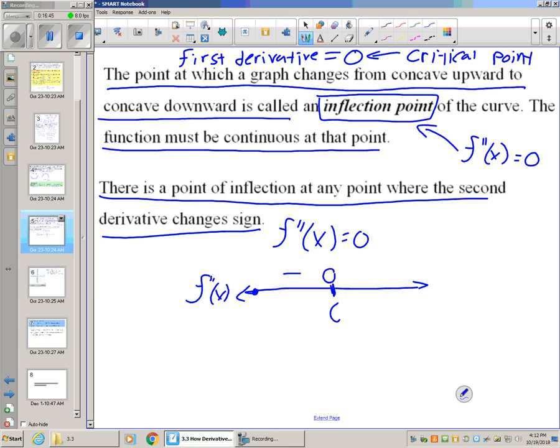I would have maybe negative to the left, positive to the right. This would be concave down, this would be concave up, and this right here is the point of inflection.